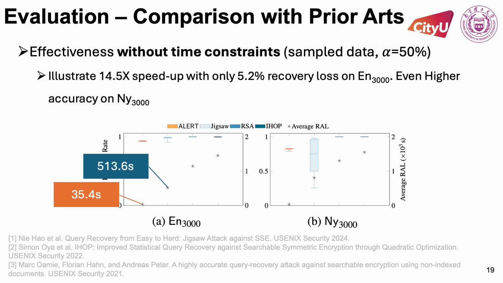Under settings without time constraints, it achieves a 14.5-fold speedup with only 5.2% recovery loss compared to the second fastest LA approach, Jigsaw. Furthermore, we found that ALERT exhibits greater stability, achieving an even higher average recovery rate than Jigsaw on the New York Times datasets.